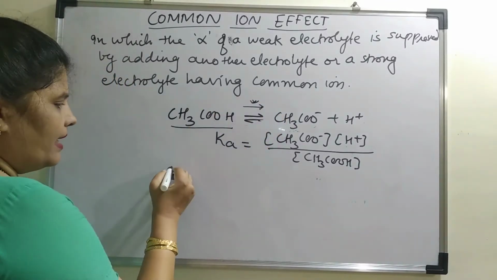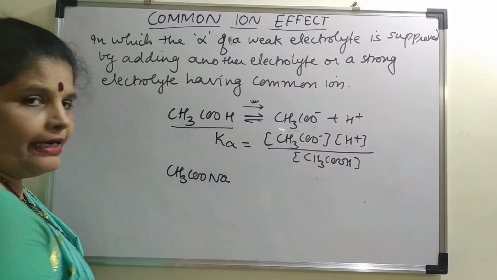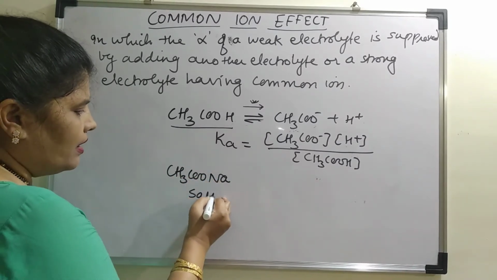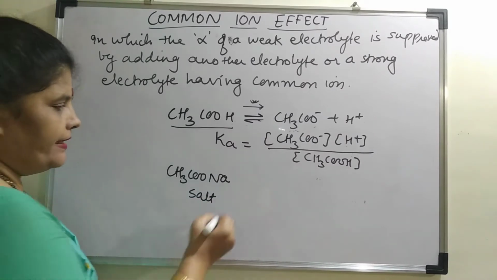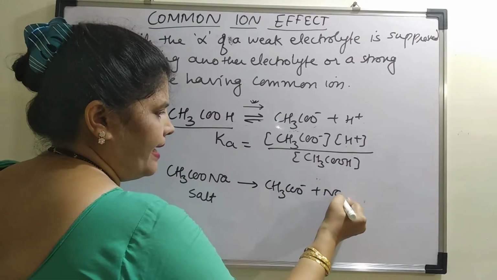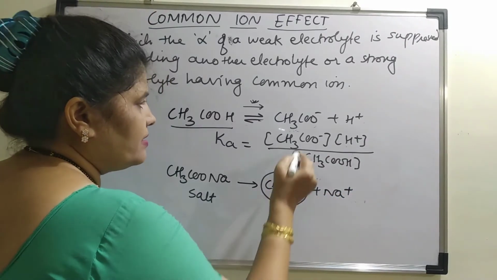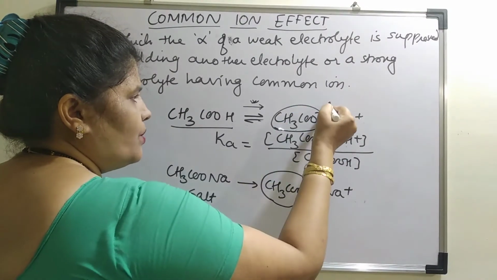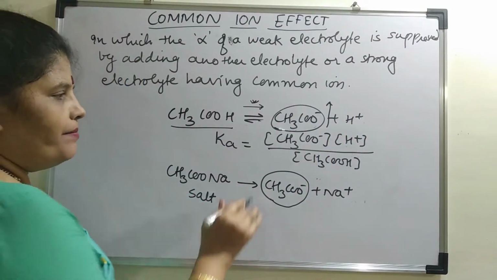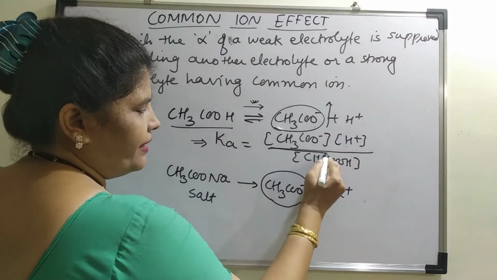Now I will add another electrolyte having a common ion. This electrolyte is a strong electrolyte. You know that salts dissociate almost completely. So it will form CH3COO minus and Na plus. Now what is happening here? The concentration of this will increase in the solution. Right, students? And because of that, according to this expression, this concentration will increase.